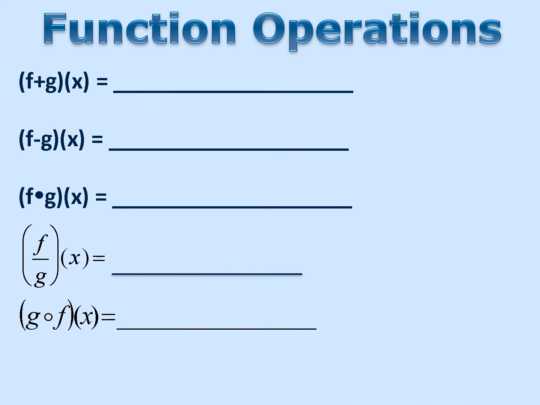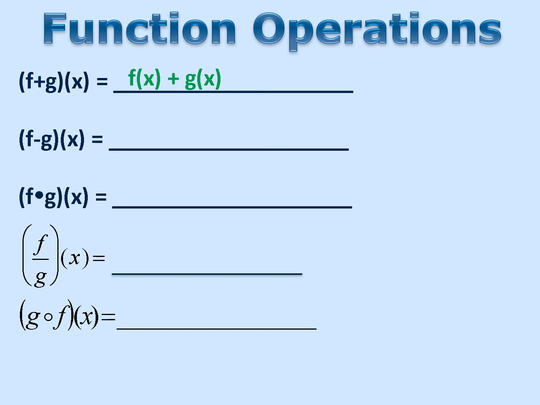So now we're going to move on to function operations. You're going to see notations, and we're going to try to break that down into easier to understand components. Anytime you see f plus g of x, that means you're going to take f of x and add it to g of x.